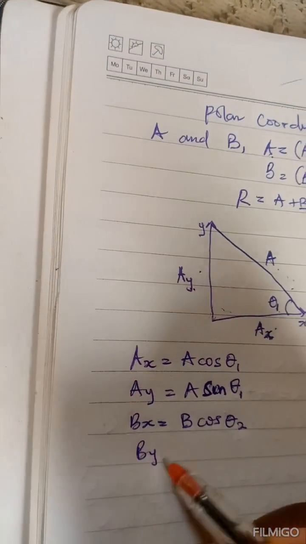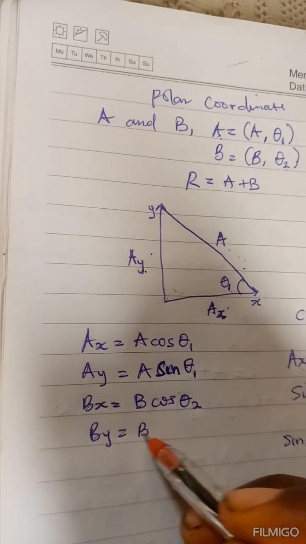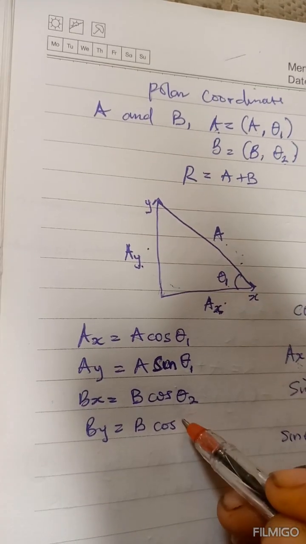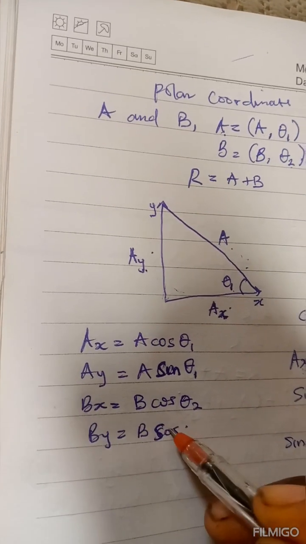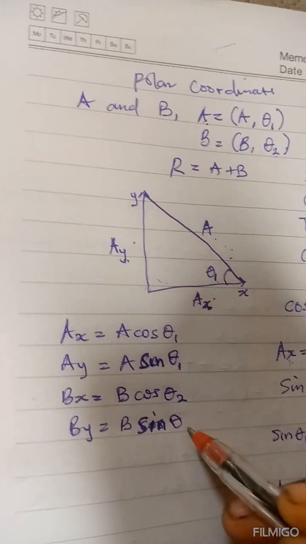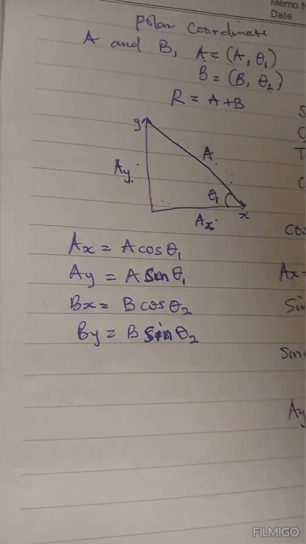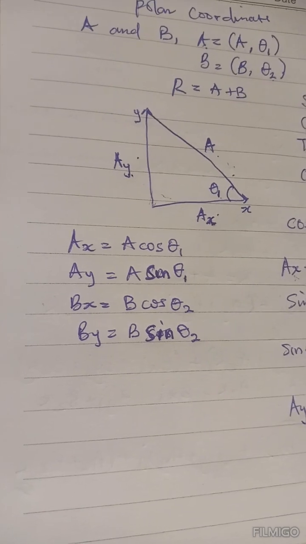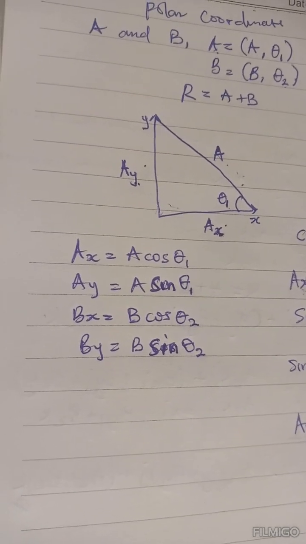And for by, it's going to be b sine theta 2. So it's as simple as that. I hope we got that clearly.